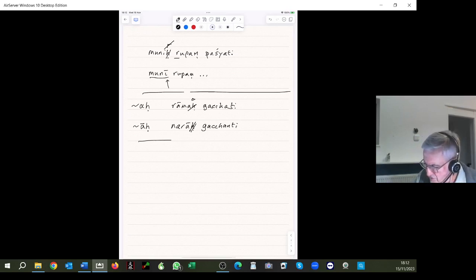Now look at the rules where a word ending in a visarga preceded by any vowel at all is followed by an unvoiced consonant. That is the k, ch, ta, ta, pa, sha, and sa. Or if it's the end of a line. So if the word is just on its own, nothing follows, end of line. On its own, naraha, the man.